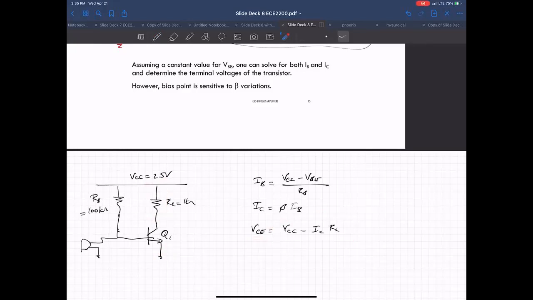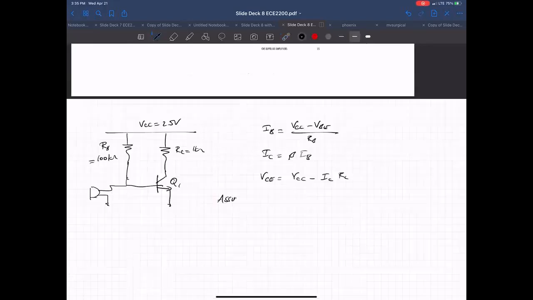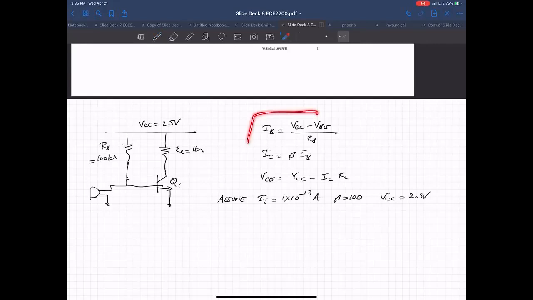Okay, so let's now run some numbers. Let's assume that I sub S is 1 times 10 to the minus 17 amps. Beta is equal to 100. And we already said VCC is 2.5 volts. So we have to start here.